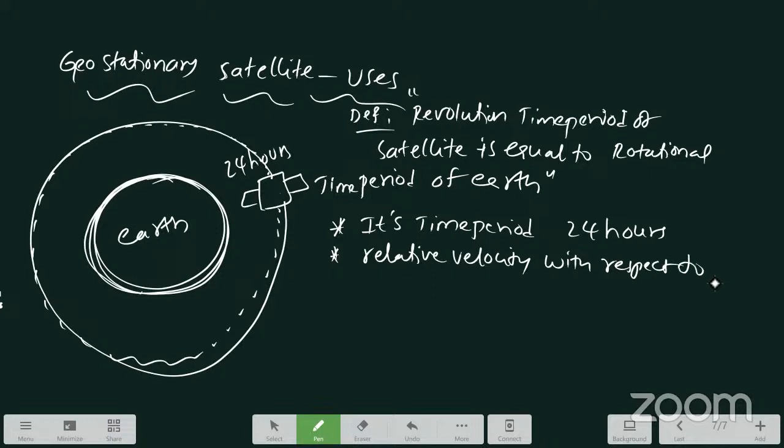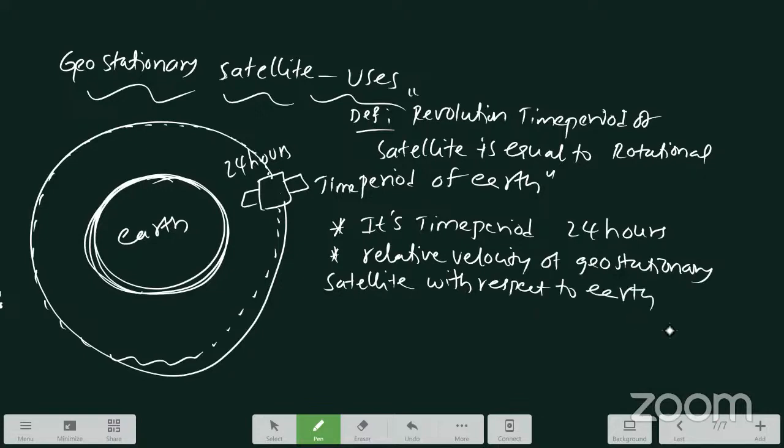Meaning, the relative velocity of a geostationary satellite with respect to Earth is 0. What is the meaning of this?